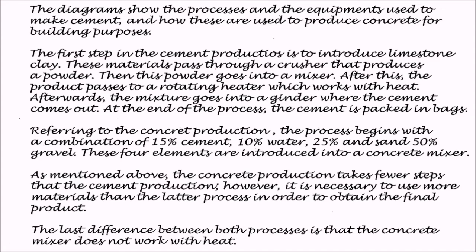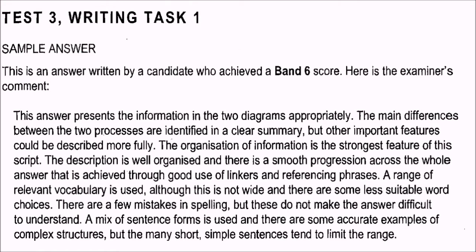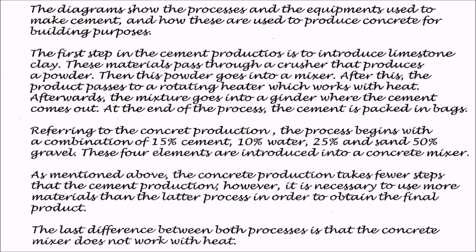This is how one of the candidates has written, and this candidate has achieved a band 6 score. Before we arrive at the examiner's comment, let us see what he has written. The diagrams show the process and the equipment used to make cement and how these are used to produce concrete for building purposes.